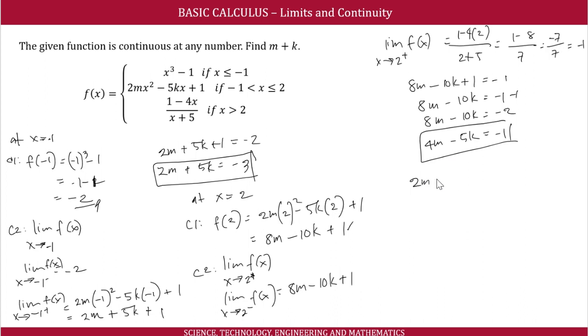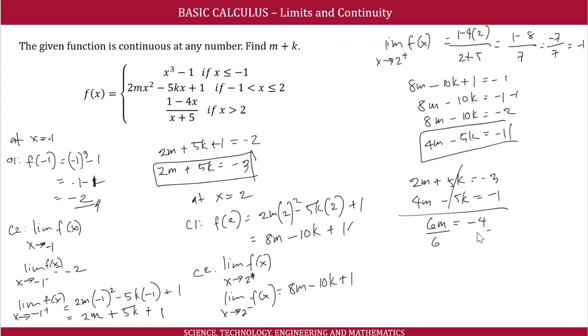By the elimination method, we can eliminate k because we have the same coefficient and opposite sign. So addition: 5k plus negative 5k, 0. 2m plus 4m, 6m. Negative 3 plus negative 1, negative 4.